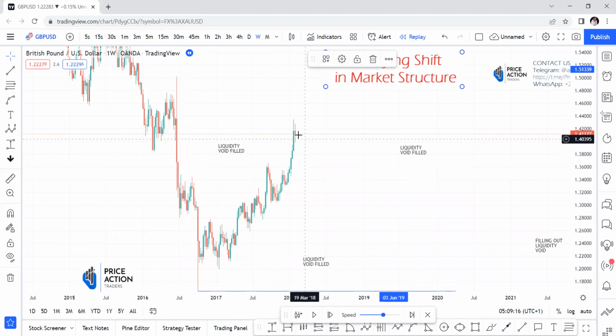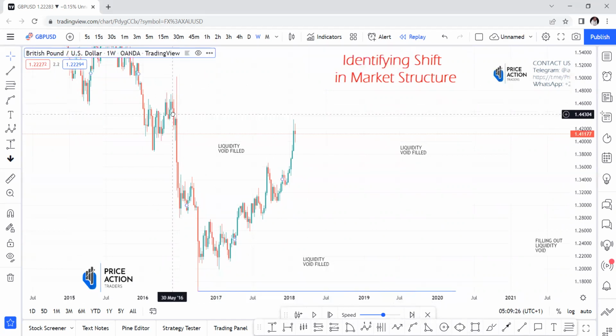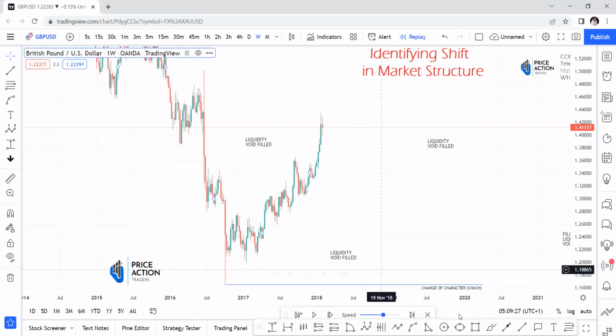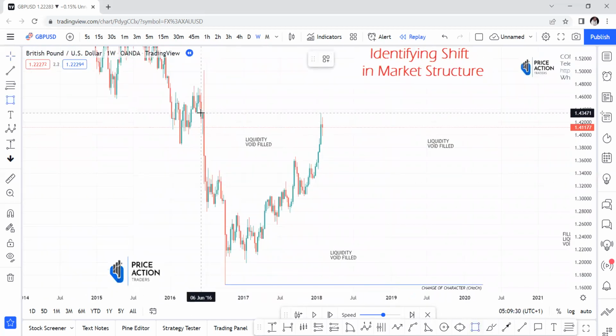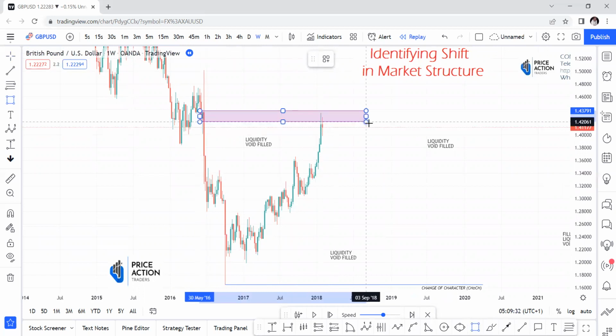Before here, this is a strong supply zone, a strong zone created in the market.